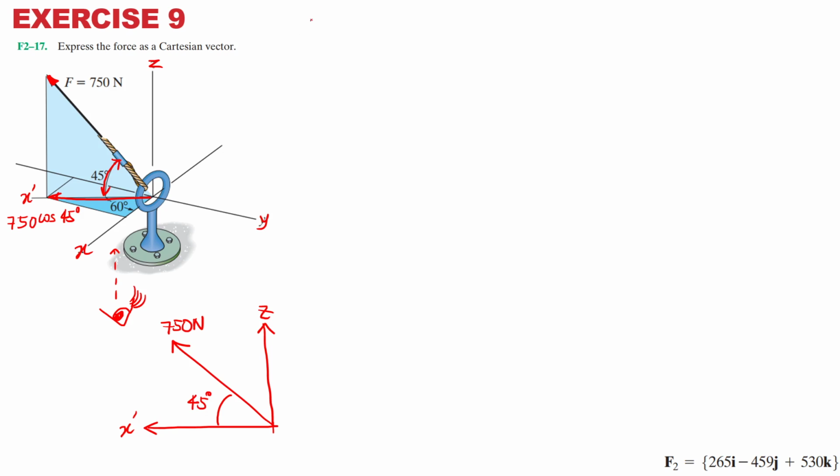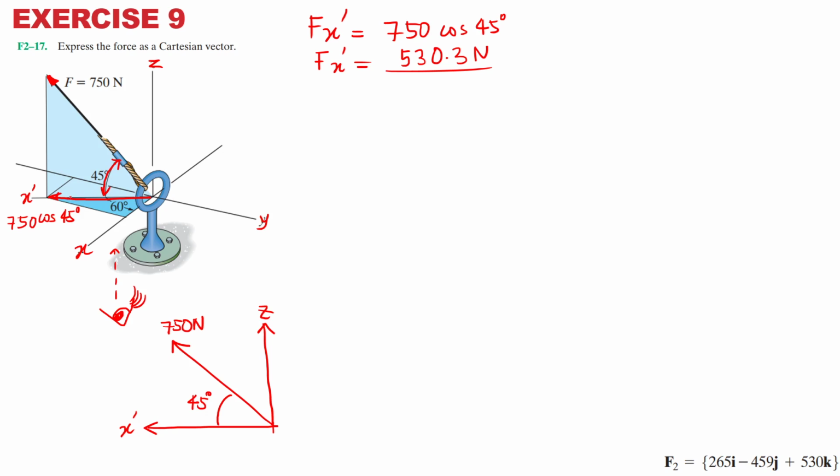So you can define Fx prime as equivalent to 750 cos 45 degrees. What is the value? 530.3 Newton. This is Fx prime, so it's on the floor.